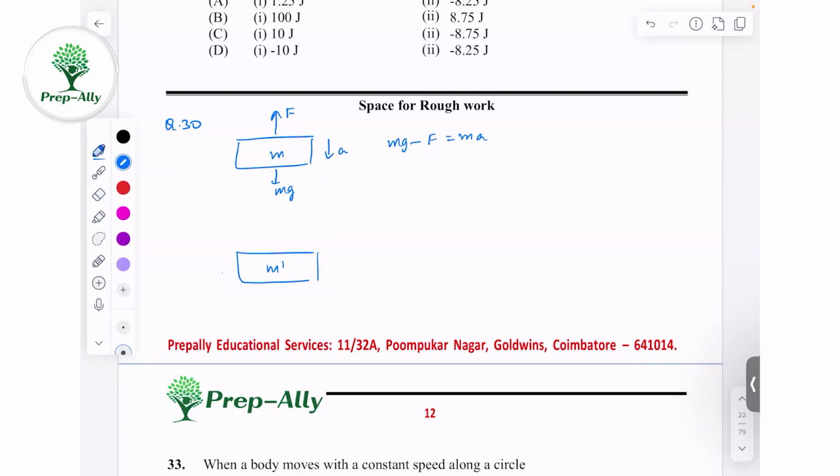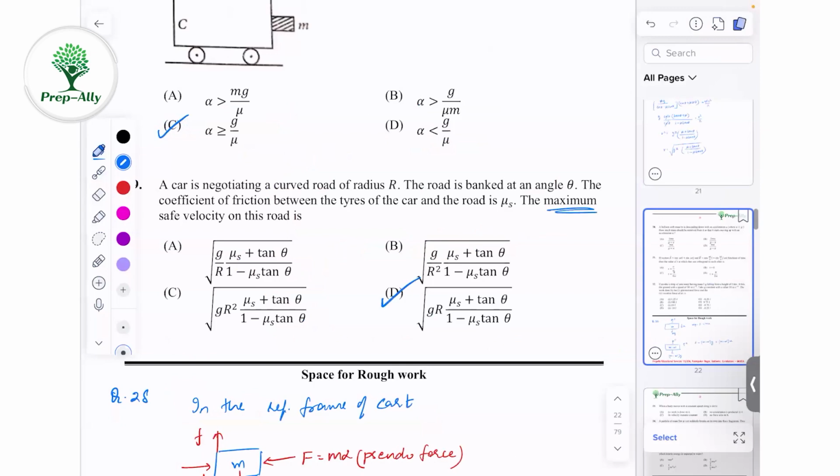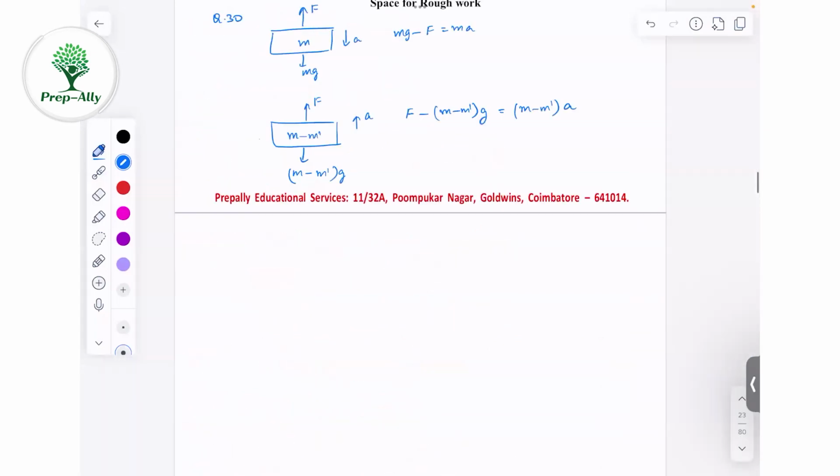We will get mg minus m dash g is ma plus m minus m dash a. The mg term gets cancelled, we get m dash times 2 ma. So how much you have to remove is 2ma by g plus a.